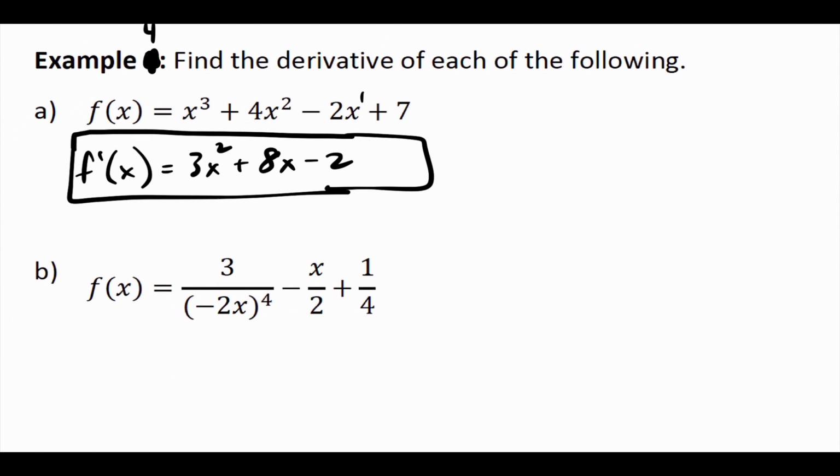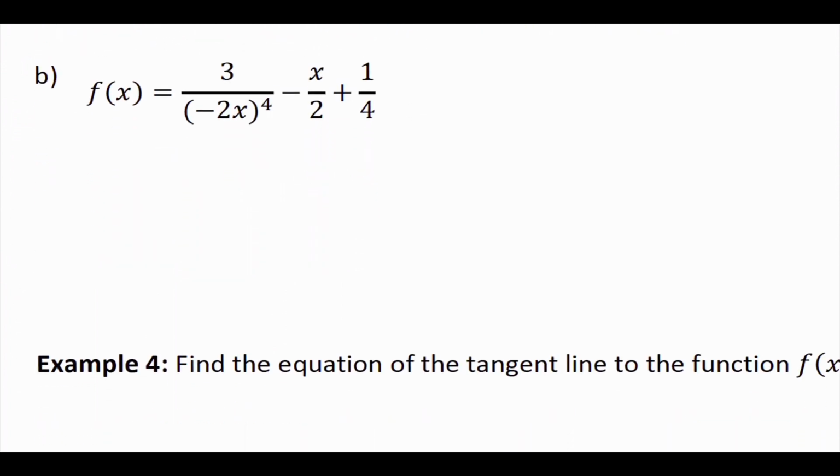Okay. B. So now we got to change this to get rid of the fractions so that we can do the power rule. Okay. Well, let's change this. So let's rewrite this. So 3, let's see, times -2x to the -4.